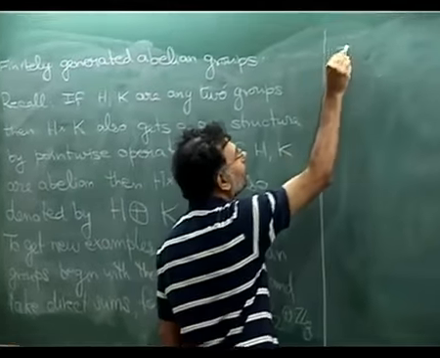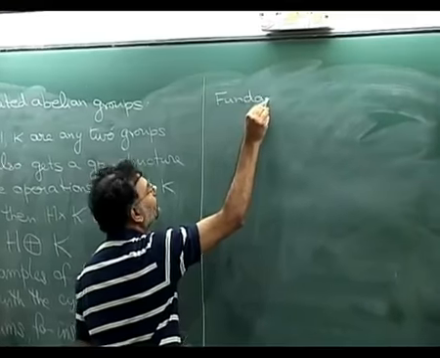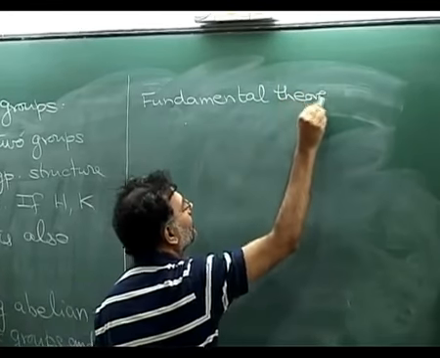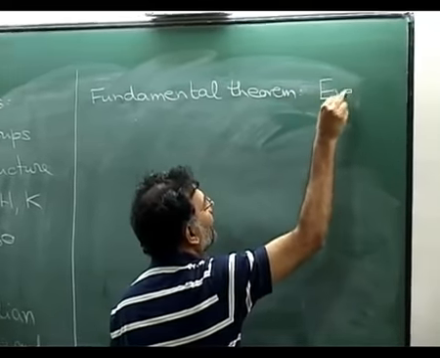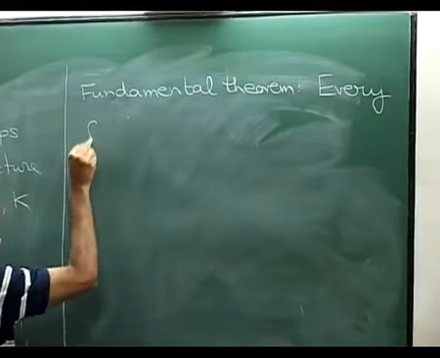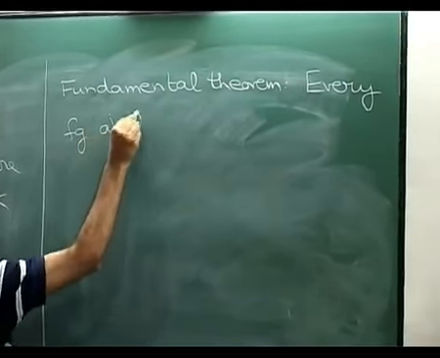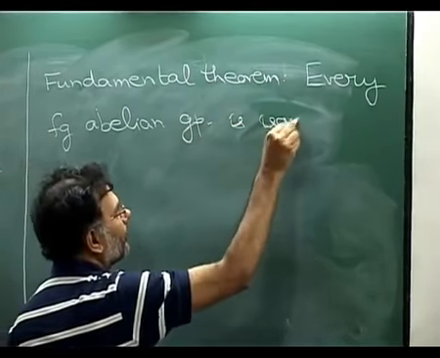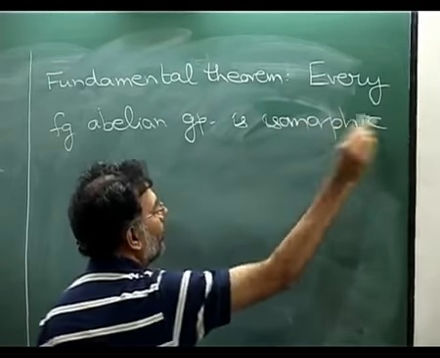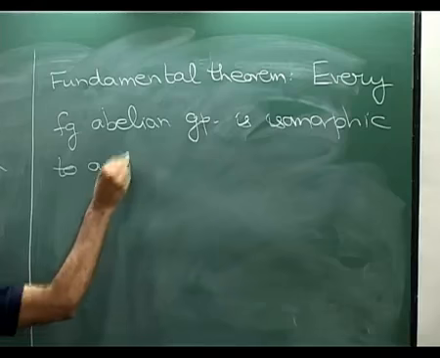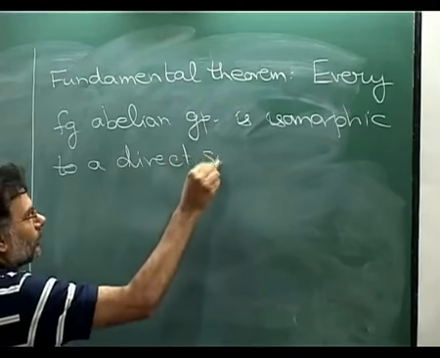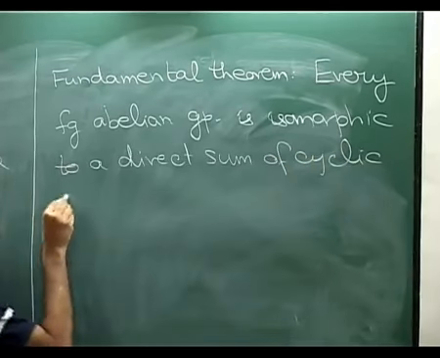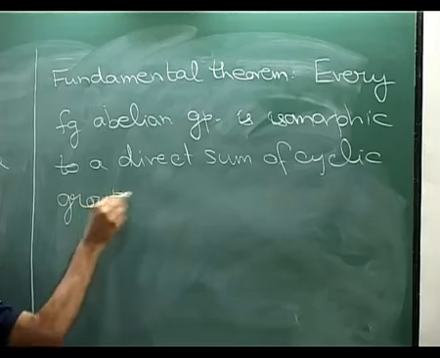So the fundamental theorem says that every finitely generated abelian group is isomorphic to a direct sum of cyclic groups.